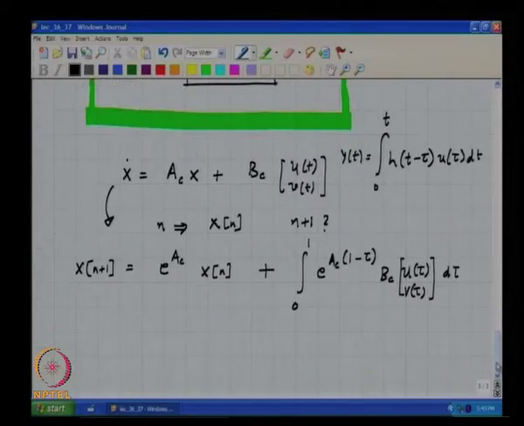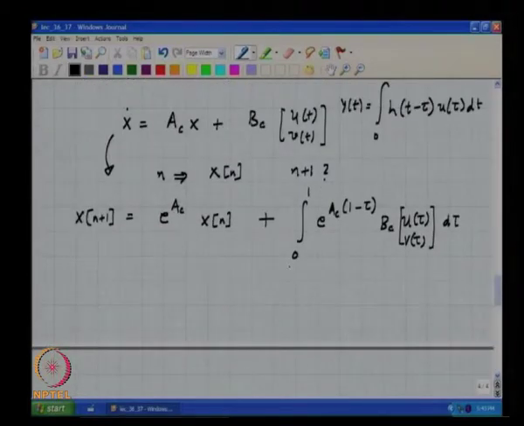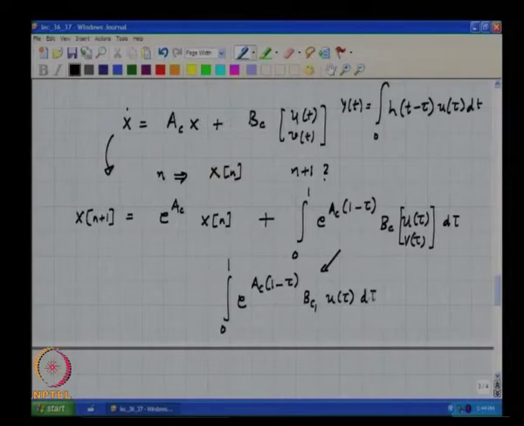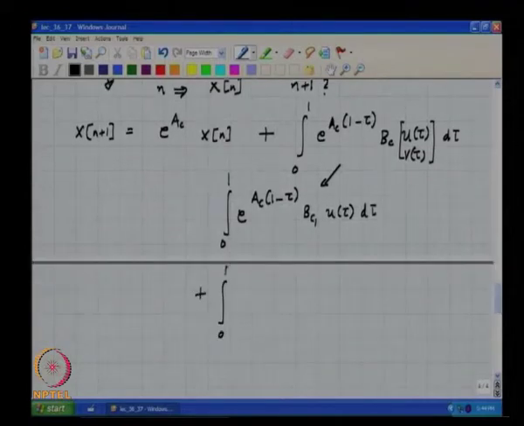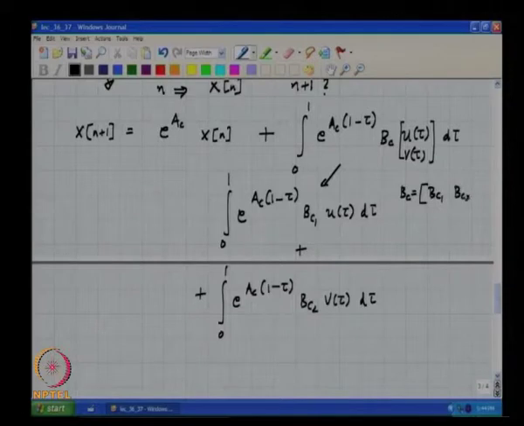So, you can also write this as integral 0 to 1 e to the A_C times 1 minus tau B_C1 into u of tau d tau, plus integral 0 to 1 e to the A_C times 1 minus tau B_C2 v of tau d tau, where B_C is nothing but B_C1 B_C2.